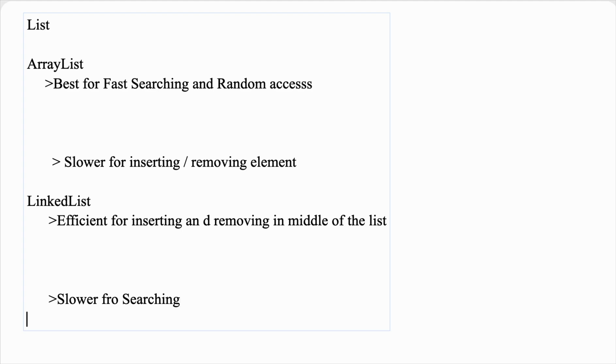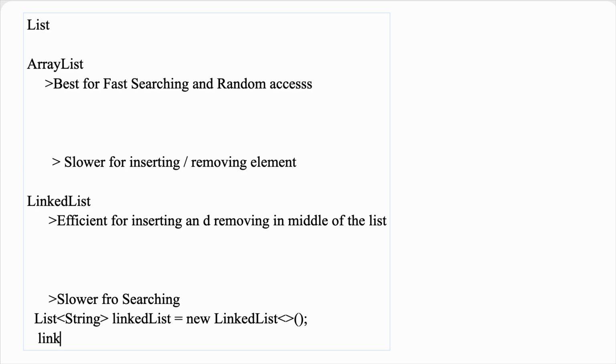Now we can define a linked list. We define the list, add the String data type, and create a new LinkedList. Suppose you want to add items, then you do linkedList.add and add node 1.